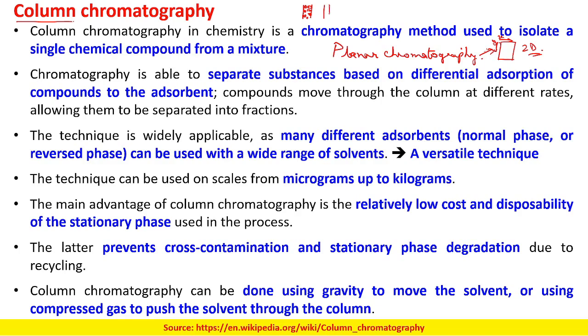So we'll have small capillaries, and within that capillary we will have a thin layer of the stationary phase. This thin layer of the stationary phase may be a liquid phase, or it may be the functionalization of the capillary tube itself.